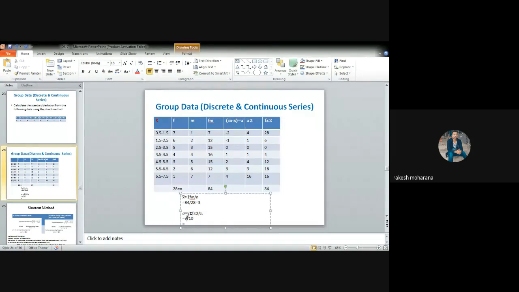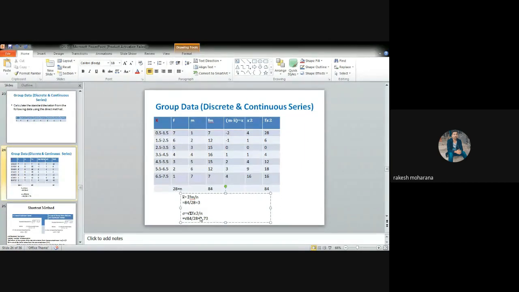That is 84 divided by, what is the value of n here? 28, sir. What is the standard deviation in the given series? Square root of 3 equals to 1.73.